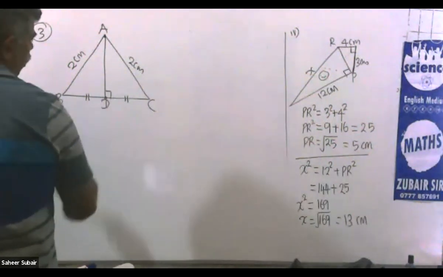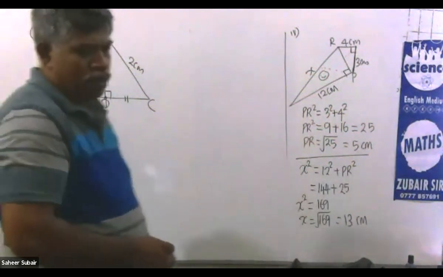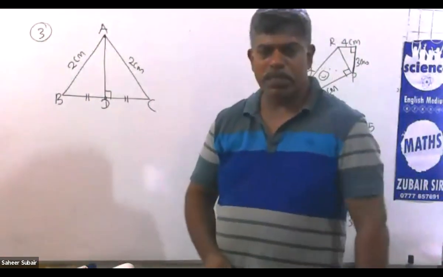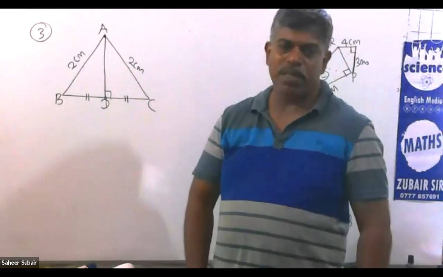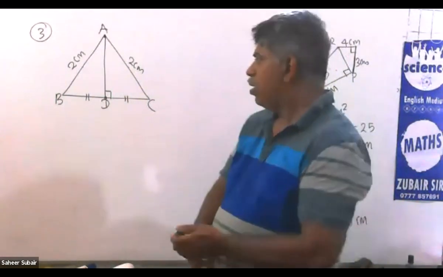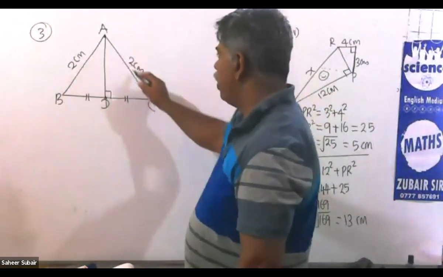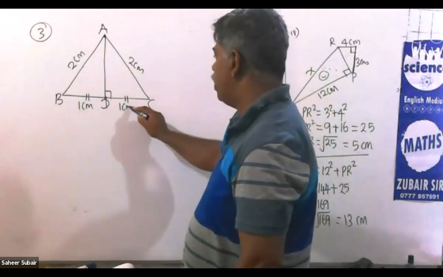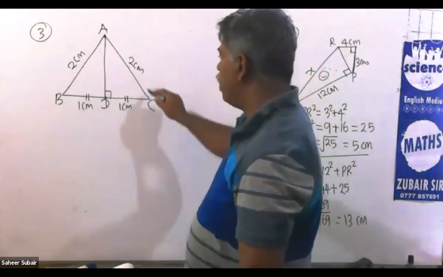This will be the midpoint. That is a theorem: the perpendicular drawn between two equal sides divides the third side into two equal portions. It will be the bisector. Then your whole side is 2 centimeter, so this part is 1 centimeter and this part is 1 centimeter, because all three sides are equal.